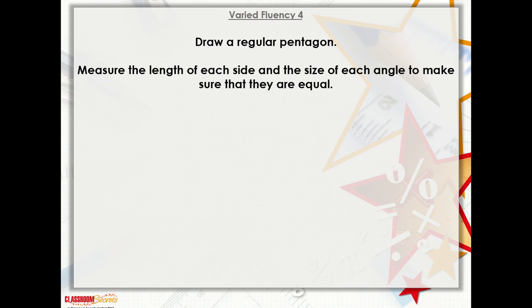Now the last one. You might find this a little bit tricky. We're not using protractors today. This asks us to draw a regular pentagon. How many sides does a pentagon have? That's right, it is 5 sides. I want you to have a really good go at see if you can draw the shape that it asks you on your particular sheet to do. Don't worry if you can't get it quite right. But there will be a question on your sheet that also asks you to draw an irregular shape.